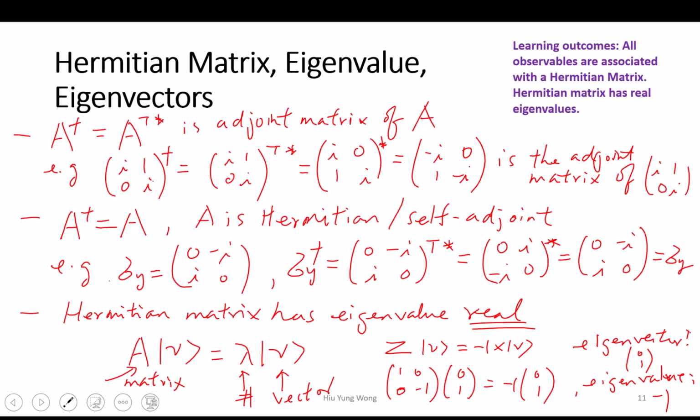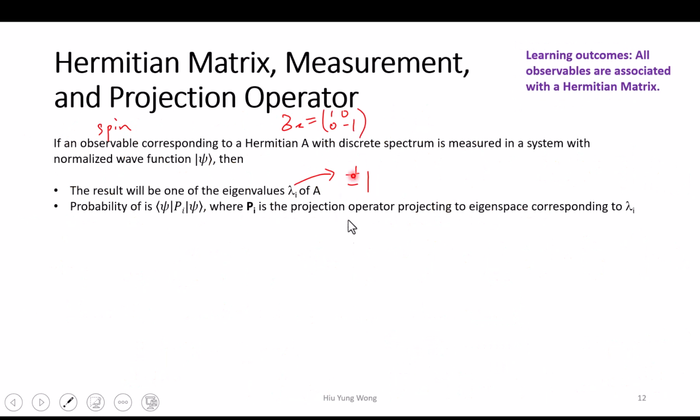And this +1 or -1 turned out to be the eigenvalue of Z. And because it is measurable, it's observable, it's our real life, it must be a real number. It cannot be a complex number. So these are the relations between Hermitian matrix, observable, eigenvalue, and the real value of the eigenvalue, right? I hope you can associate this.